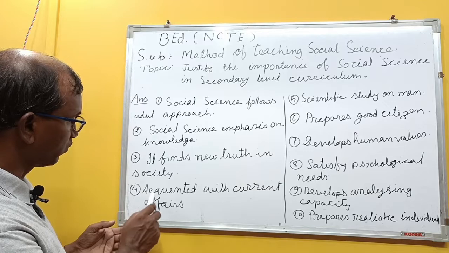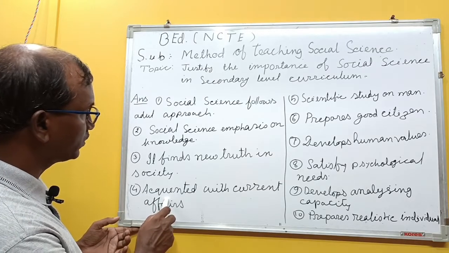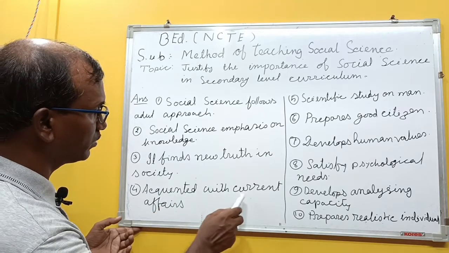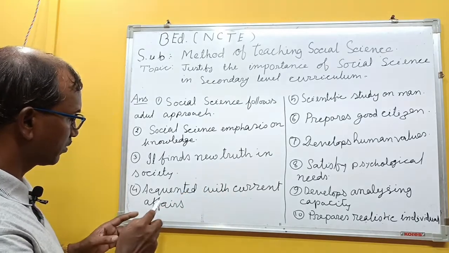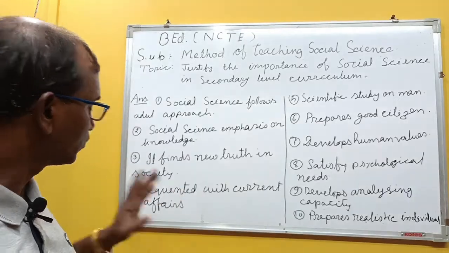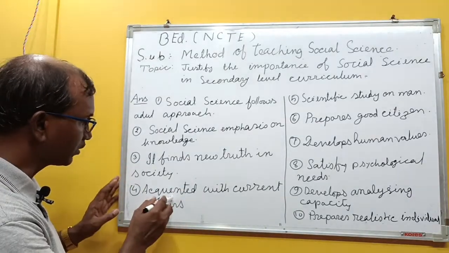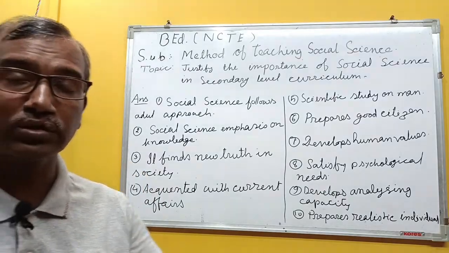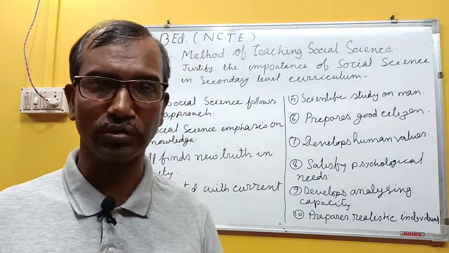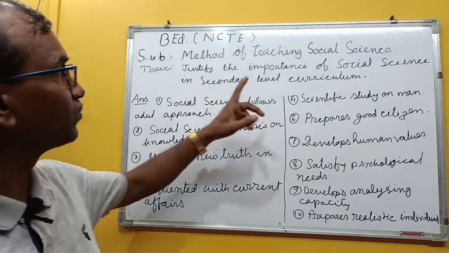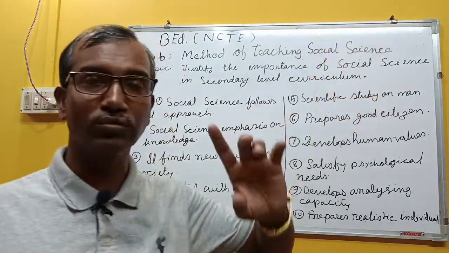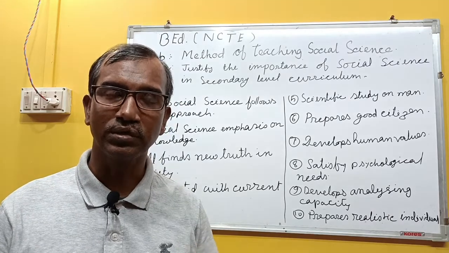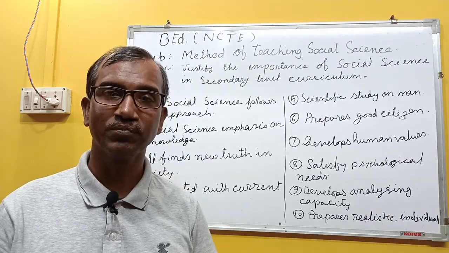Next, number 4, acquainted with current affairs. Social science acquaints children with current affairs. Current affairs means current knowledge, up-to-date knowledge. Social science includes subjects like history, political science, economics, geography.